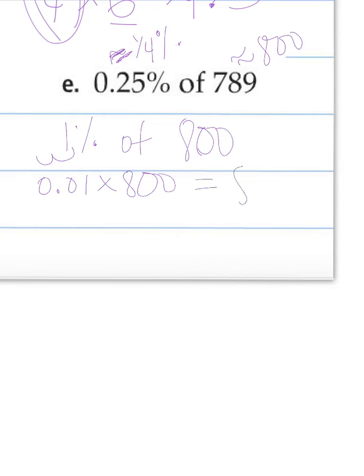So find out what 1% of 800 would be by turning this into a decimal. 800 times 0.01, and you get 8. Then you could take 1/4 of 8, which would be 8/4, which equals 2. So 25/100th% of 789 would be approximately 2.